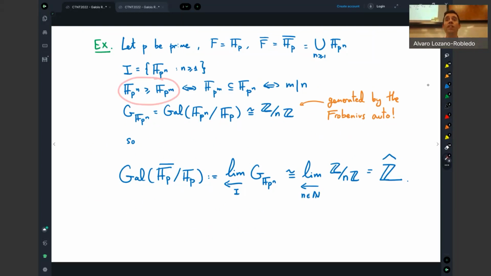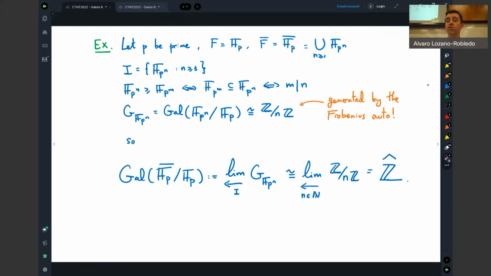It is not always the case that just because n is bigger than m, there is an inclusion. This happens when m divides n. So the divisibility relation between integers is the relation here, and the groups are the Galois groups of the intermediary extensions, which is Z mod nZ.